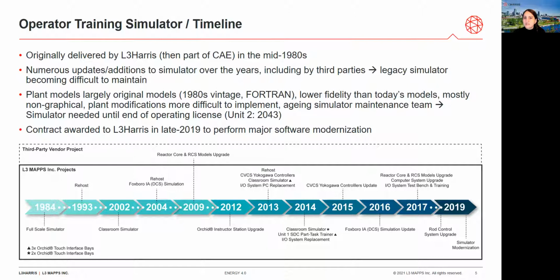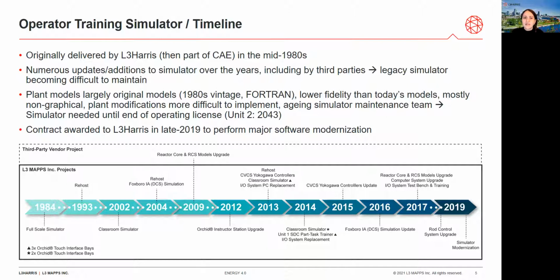Some of these updates include modifications by third parties. This resulted in a simulator that became difficult to maintain. The plant models, which were primarily Fortran-based, so non-graphical, made it difficult to implement plant modifications on the simulator.